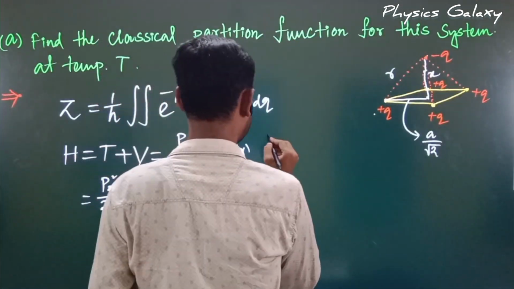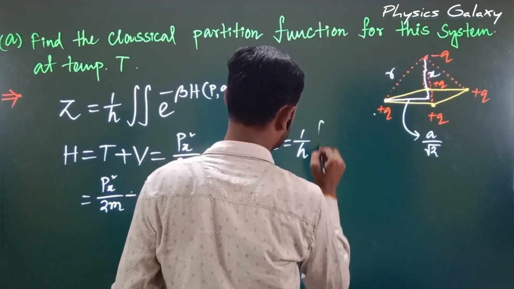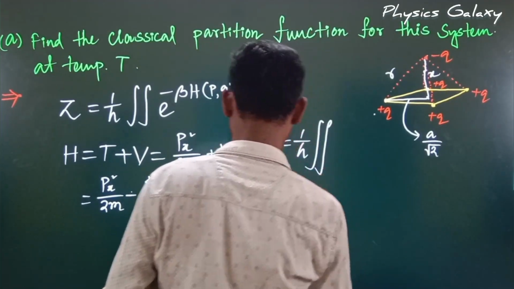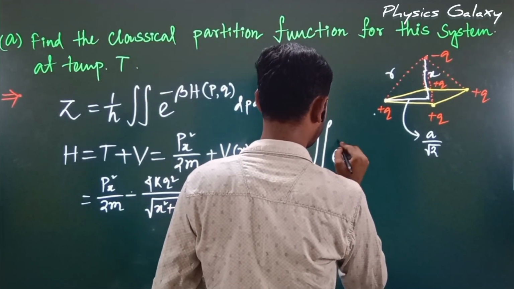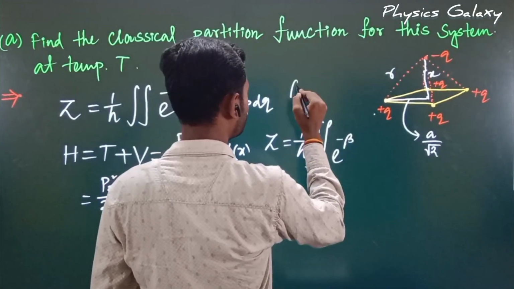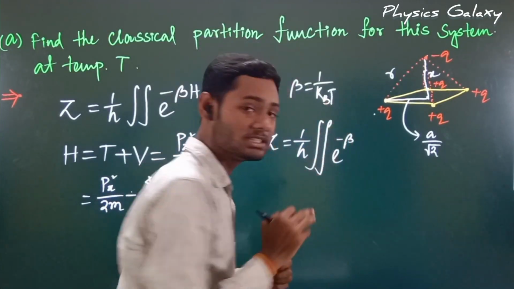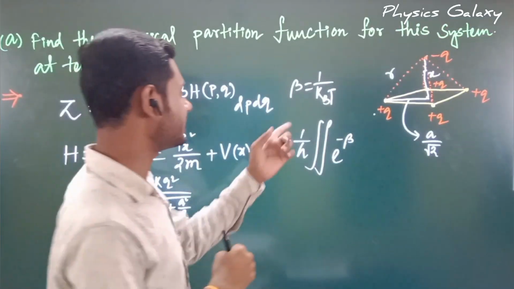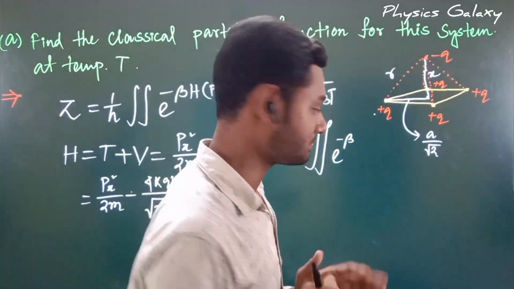Now the partition function Z is equal to 1 by h integral e to the power minus beta H. Now we all know that beta is equal to 1 by kB into T, where kB is the Boltzmann constant and T is the temperature at which the system is.